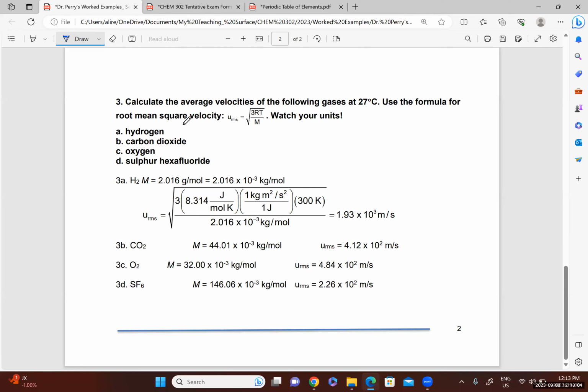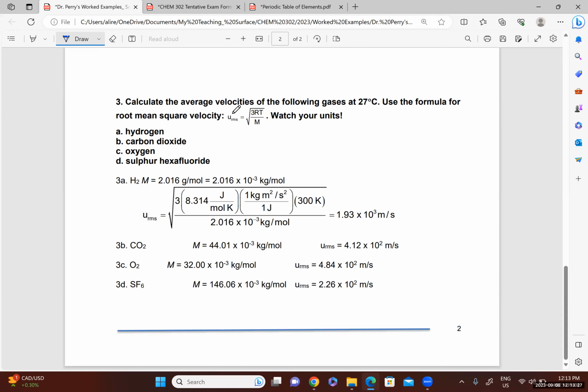Usually the root mean square velocity is used as a measure of the average velocity of the particles in the system. But sometimes I might use the most probable velocity. So go back to the notes. There is another equation as well, and I may ask you to use that.